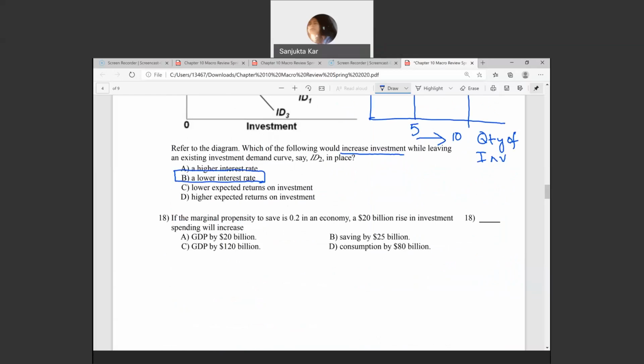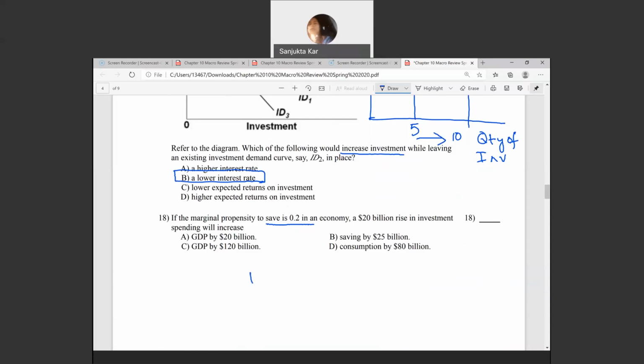Question number 18. Marginal propensity to save is 0.2. A $20 billion rise in investment spending will increase gross domestic product by how much?